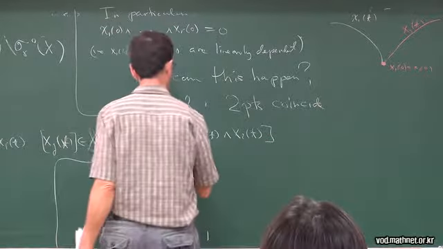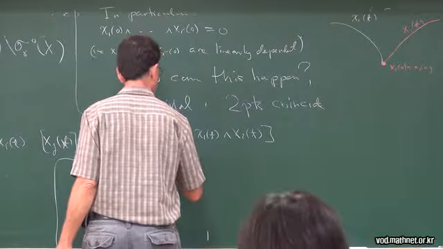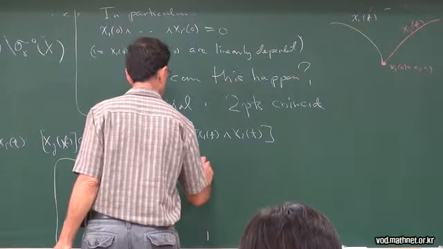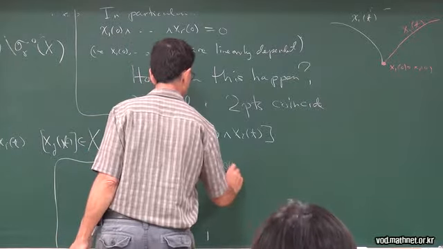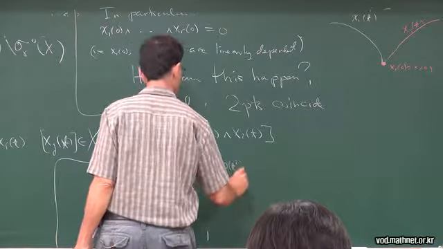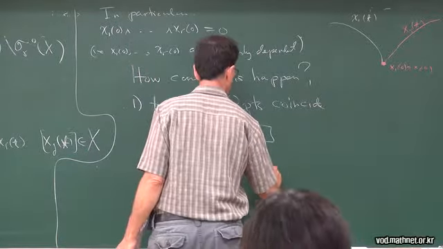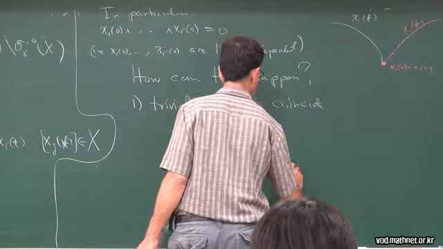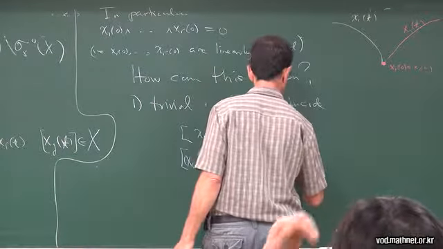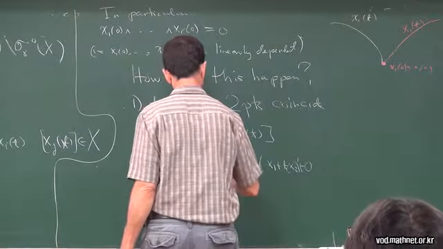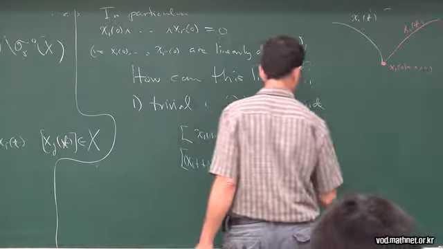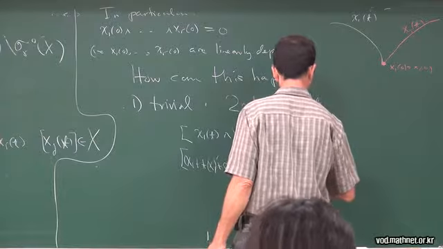And let me write this out in Taylor series. Let's write this as x1 plus t x1 prime plus order of t squared, wedge x1 plus t x2 prime plus order of t squared, like that.